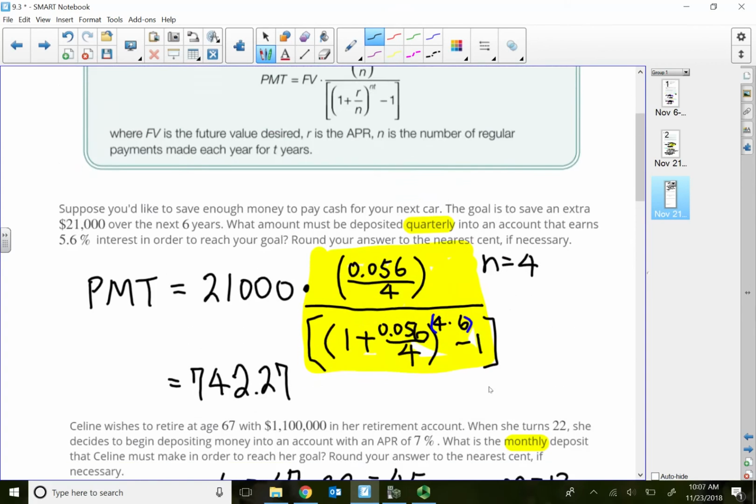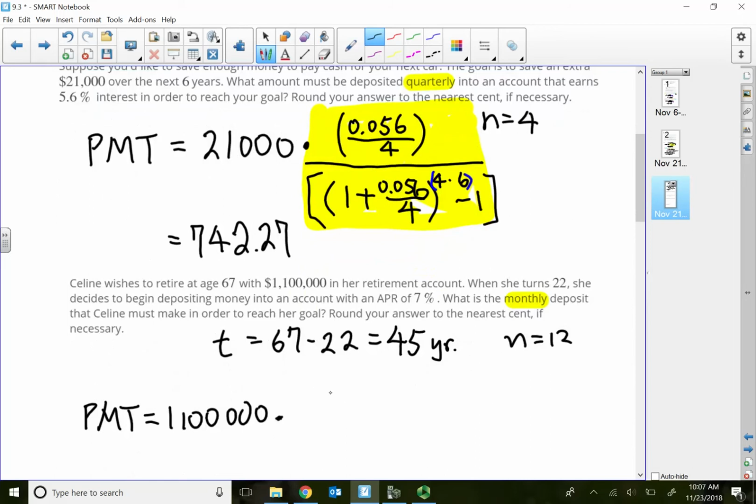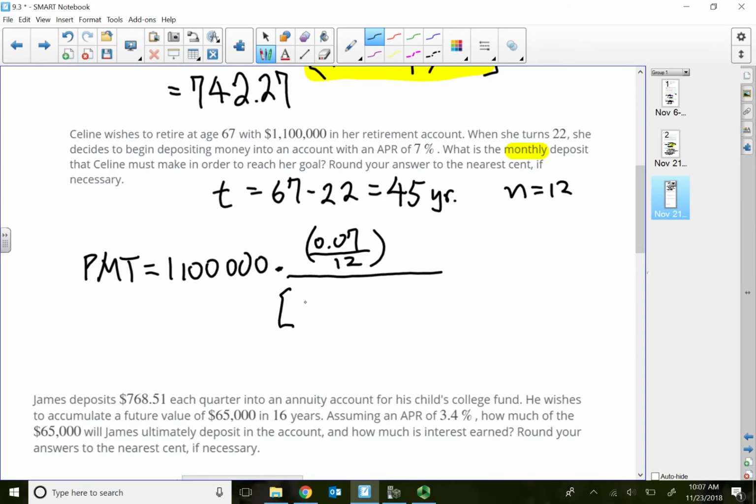R over N, that will be 0.07 over 12, divided by, the bottom is pretty big, start with a bracket, parenthesis, 1 plus R, which is 0.07, divided by N, which is 12, raised to the 12 times T, 45 years. Make sure we minus 1, close bracket. I'm going to put my 12 times 45 in the blue parenthesis. Let the calculator figure that out for me.